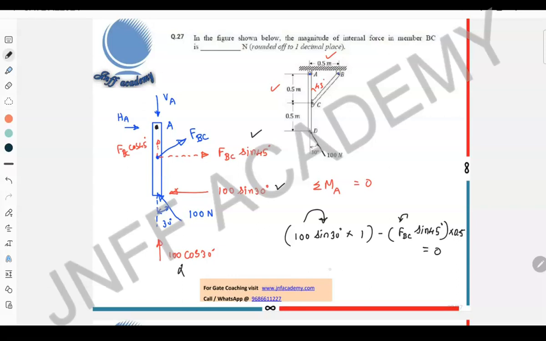Now the only unknown is FBC, that we need to find out. FBC equals 100 sin 30 divided by sin 45 divided by 0.5, which is 141.42. Here they are asking only one decimal, so 141.4 Newton. This is the answer.